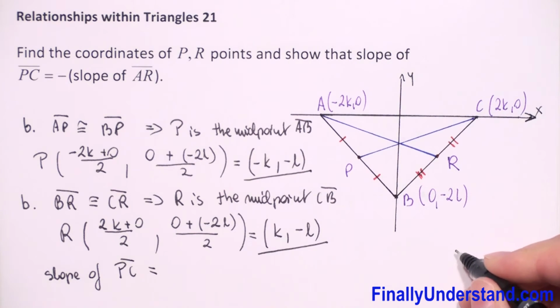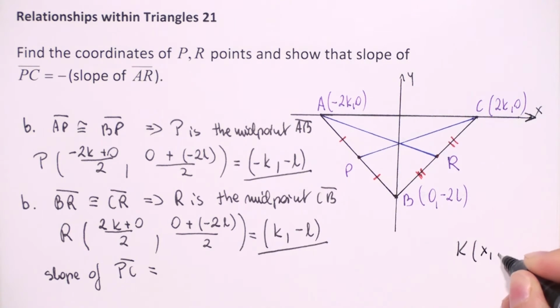When you have two points, for example K with x1, y1, and L with x2, y2, the slope of KL will be y2 minus y1 over x2 minus x1.